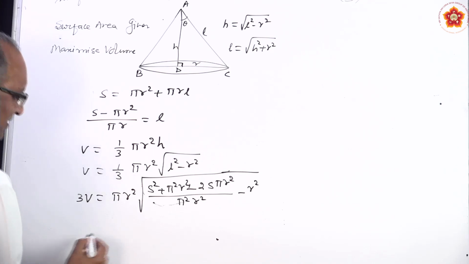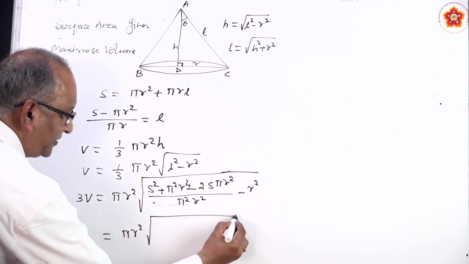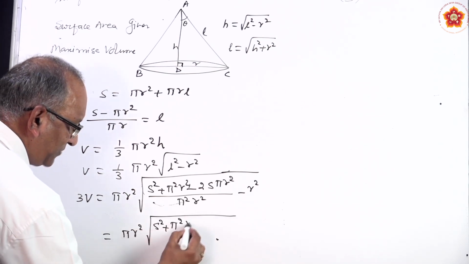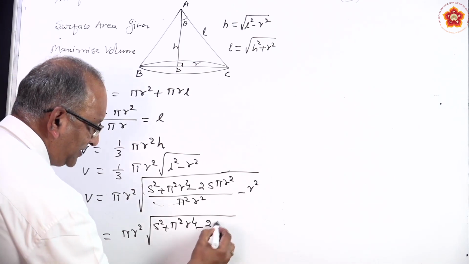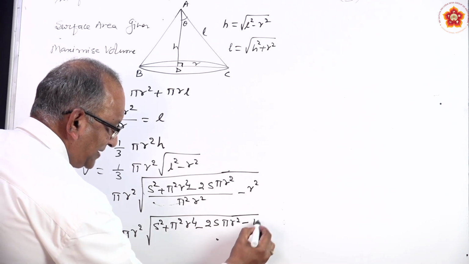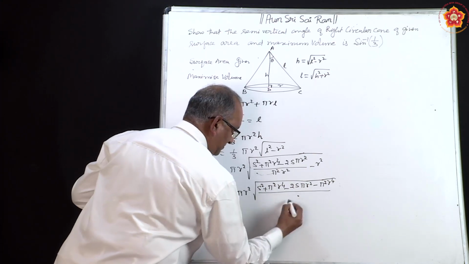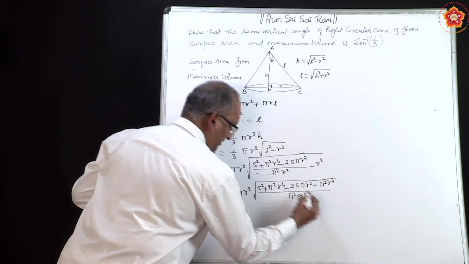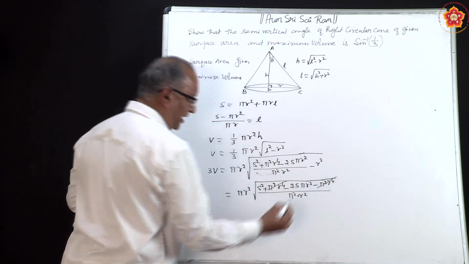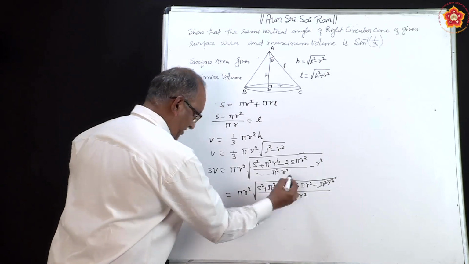So simplify it further. So it can be written as pi r square under root of s square plus pi square r to the power 4 minus 2s pi r square minus pi square r to the power 4 upon pi square r square. This plus pi square r to the power 4 minus pi square r to the power 4 both will get cancelled. So you are left with only two terms.